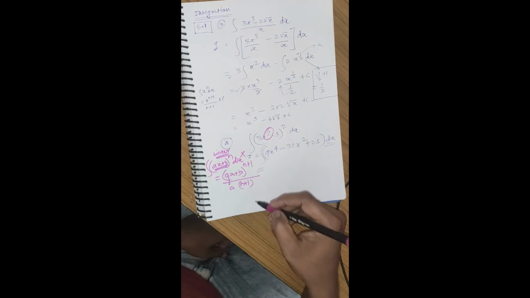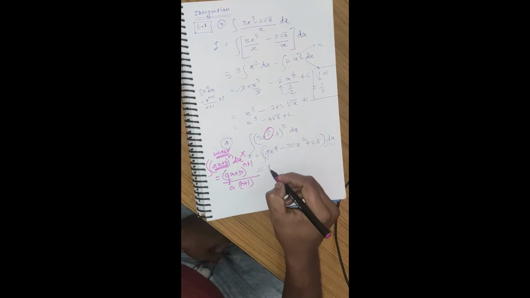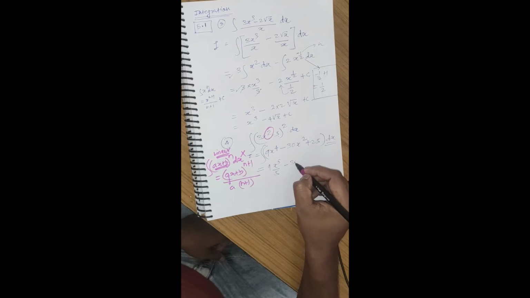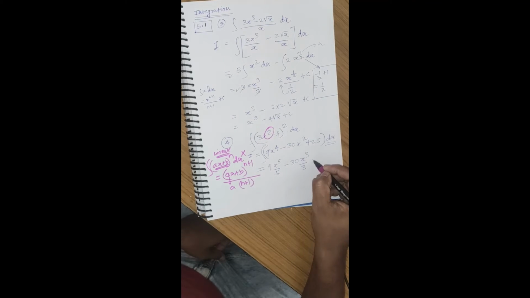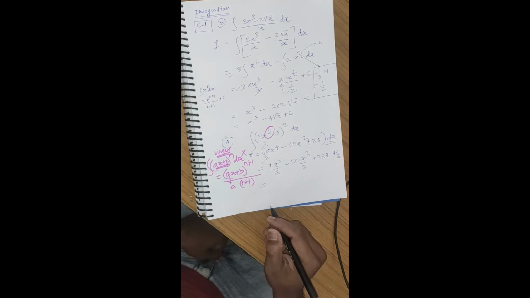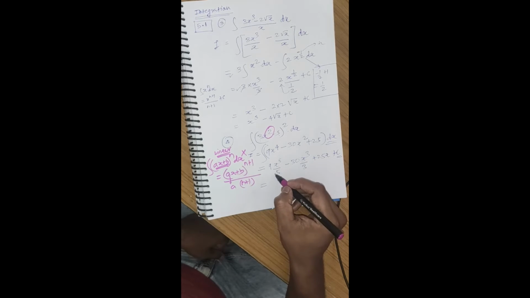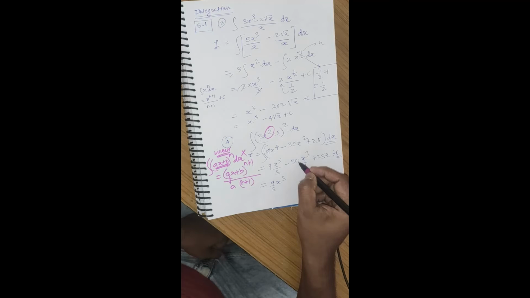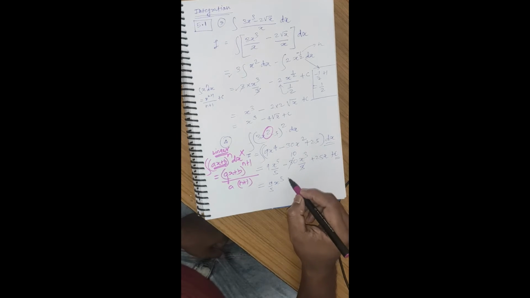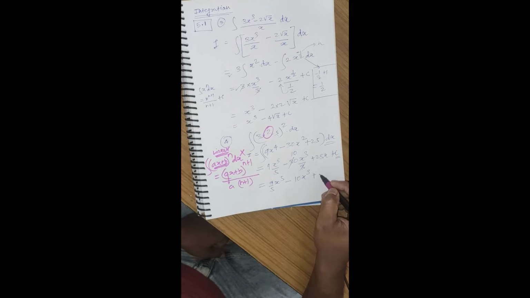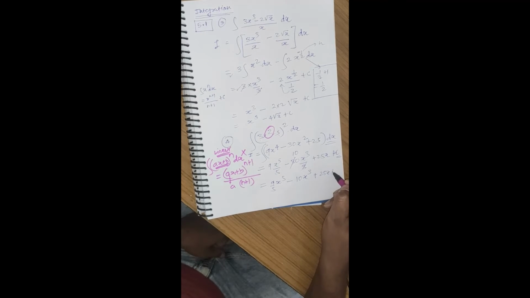So you can directly write the answer as 9x raised to 5 by 5 minus 30 x raised to 3 by 3 plus 25x, do not forget, plus c. So now this is not going to get cancelled, so 9 by 5 x raised to 5 stays, 10 remains here, so it will be 10x cube plus 25x plus c.